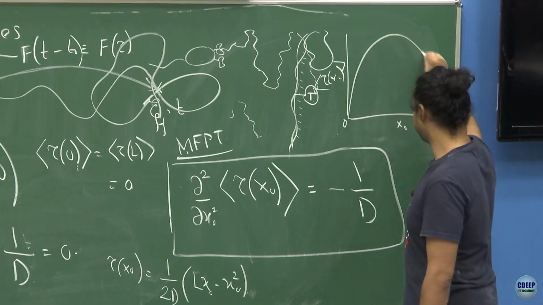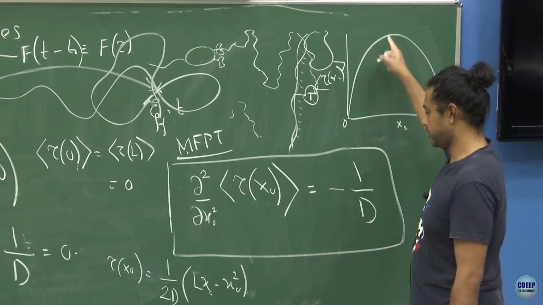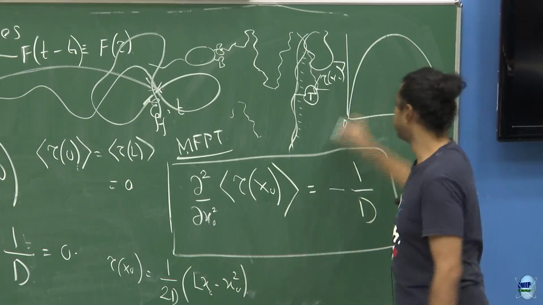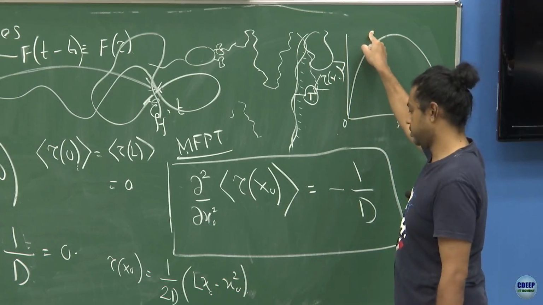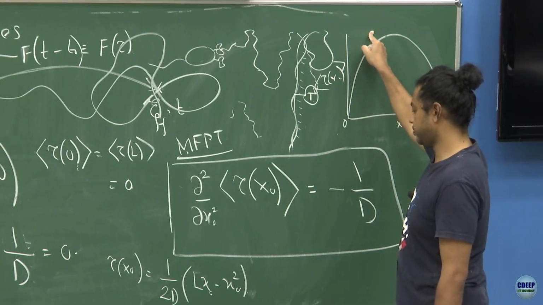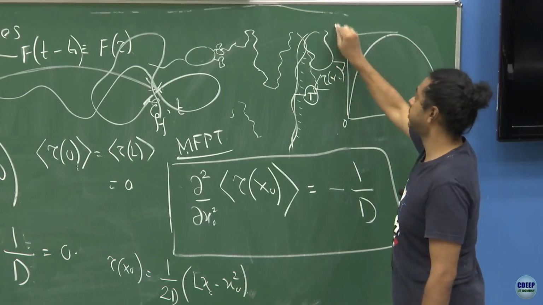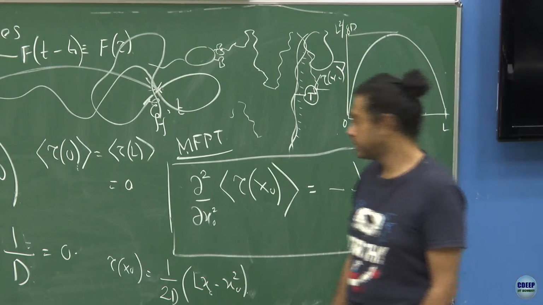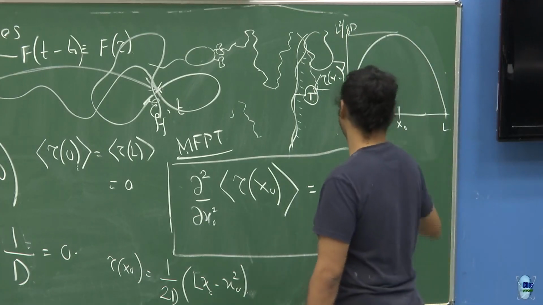So your curve looks something like this, and this value is L square by 2 minus L square by 4, so L square by 8d, at x naught.